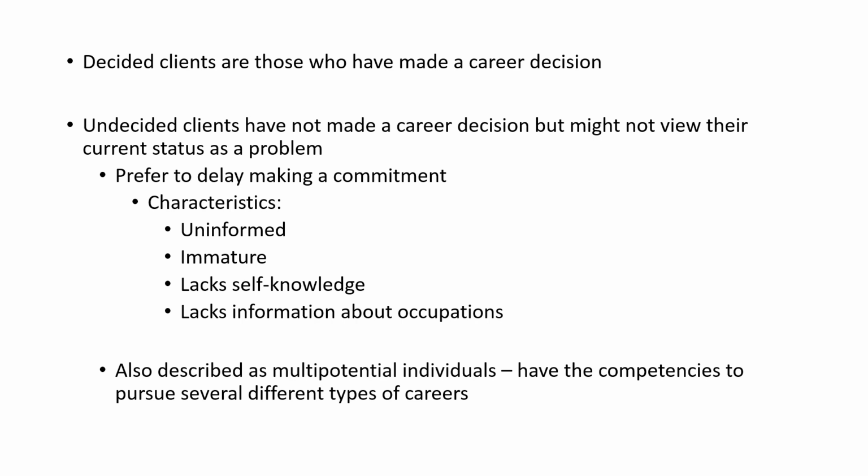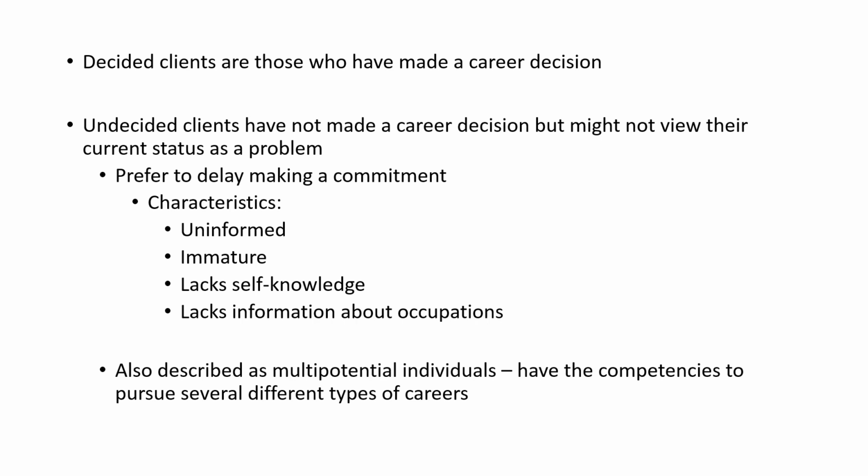Characteristics describing undecided clients would be uninformed. They might be immature. They might lack self-knowledge, or they might lack information about occupations, and this is why they're a little hesitant. They're also described as multi-potential individuals. That means that they have the competencies to pursue several different types of careers. And I told you guys about this in class before.